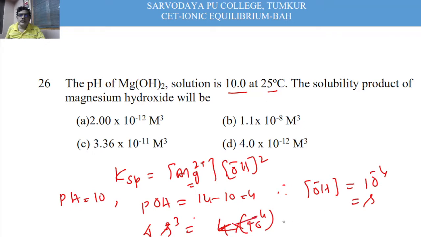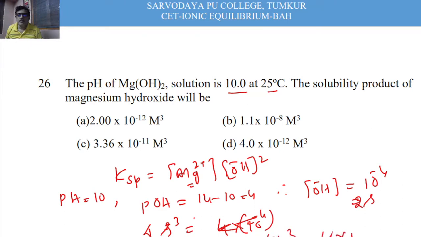Okay, I have to square this. So this will be 4 into 10 to the power of minus 4 cubed.